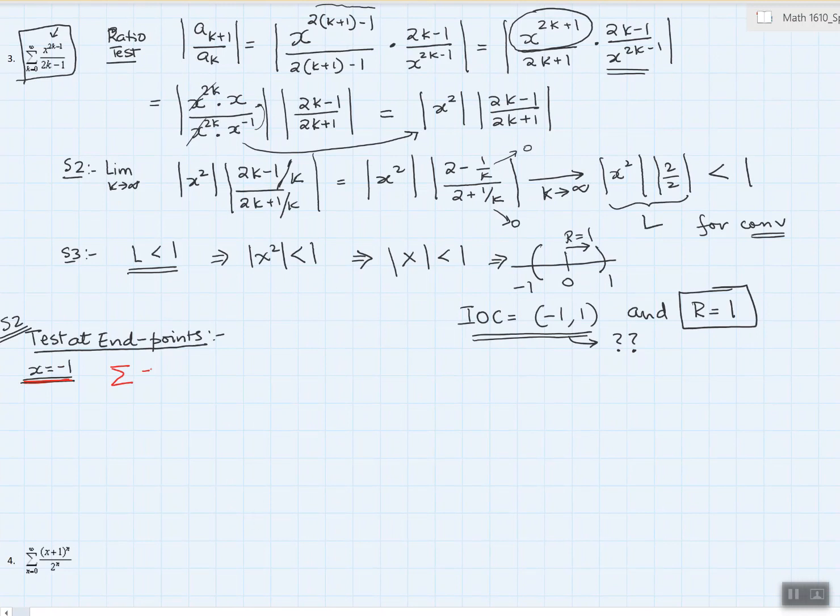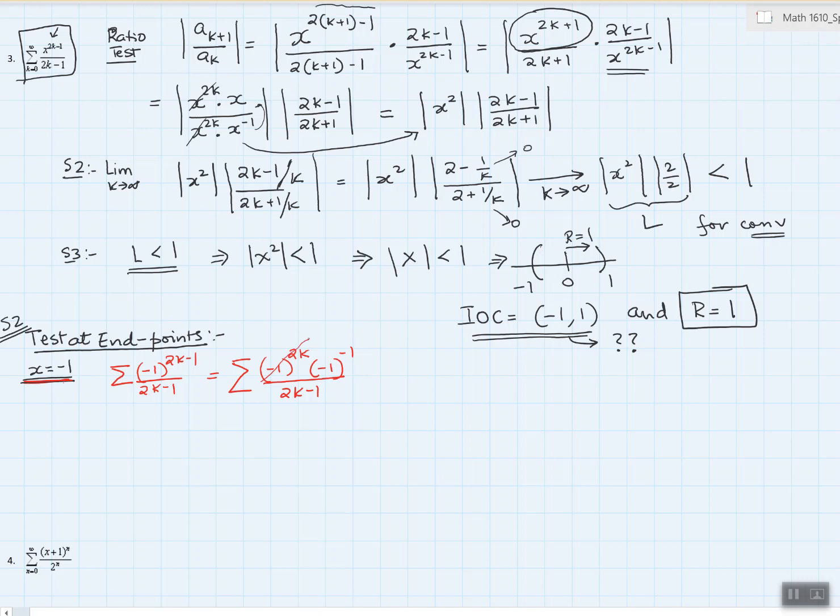So what will I get? Summation of -1 raised to the power 2k minus 1, remember, x is -1, so when I see x, I'm going to write that, divided by 2k minus 1. So what does this give me? -1 raised to the power 2k times -1 raised to the power -1 over 2k minus 1.